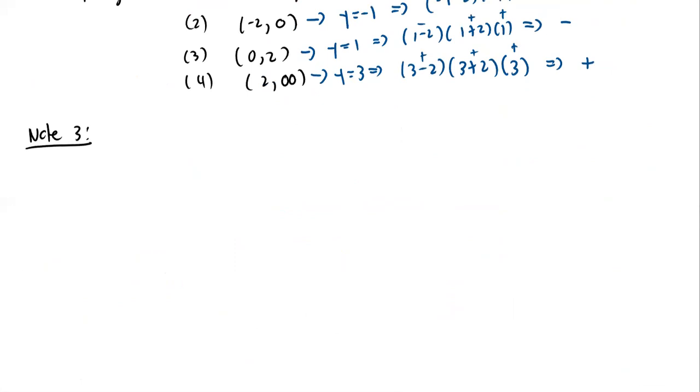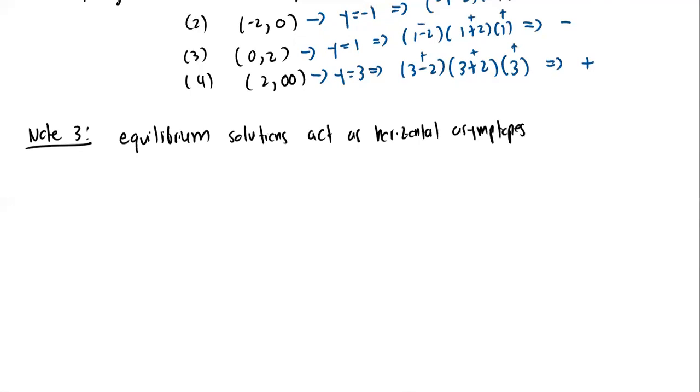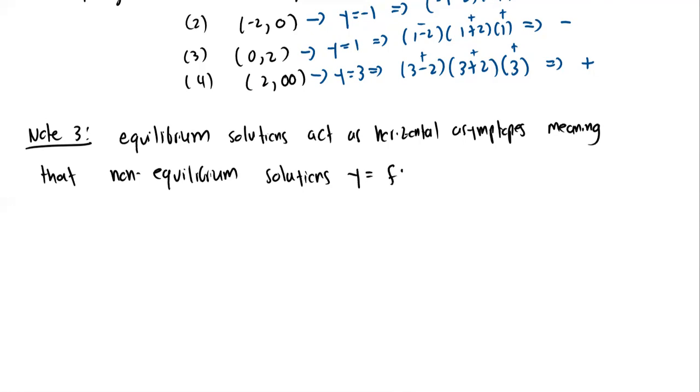Note 3. So I'm going to repeat what I mentioned in one of the previous videos. One of the facts about equilibrium solutions, meaning that equilibrium solutions act as horizontal asymptotes, meaning that non-equilibrium solutions, which we know are solutions of the form y equals f of x, right?